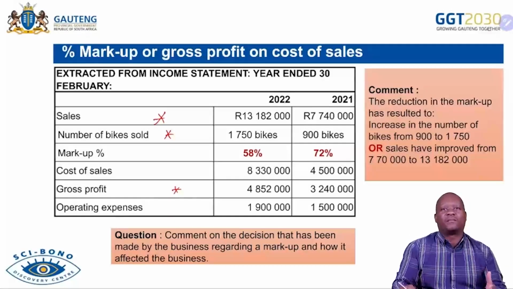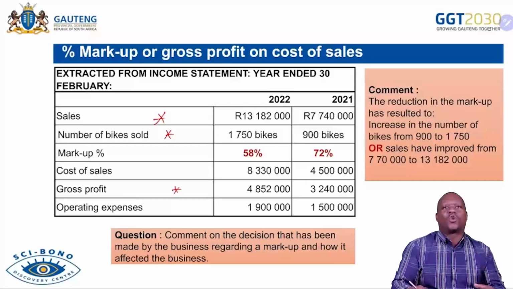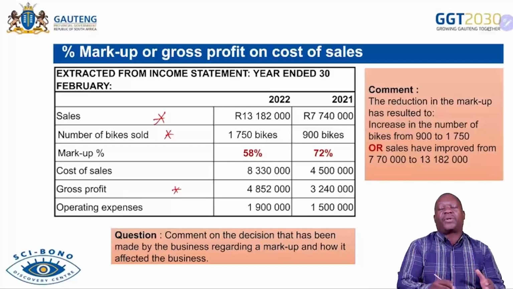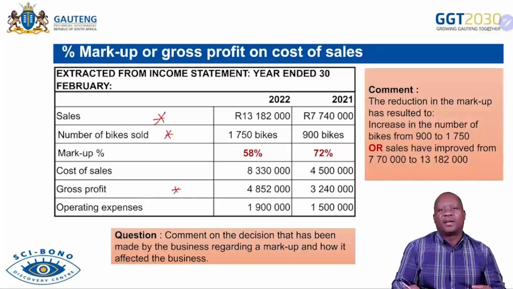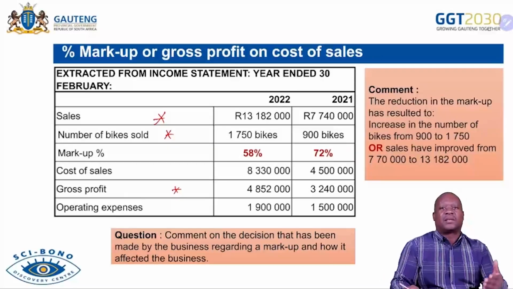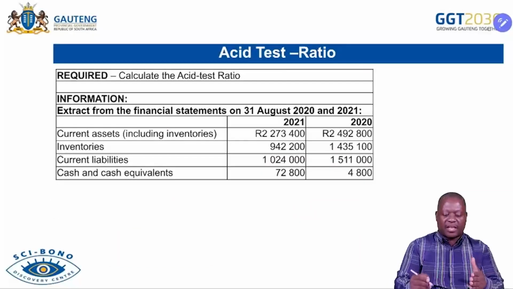That's a good thing. You can even add an increase in gross profit, which was a result of a decrease in markup. So please remember, it doesn't mean that every time we increase our markup, we are doing something better for the business. Sometimes a reduction in markup can benefit the business, like in this case.